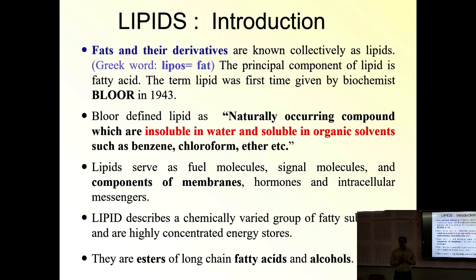During that period they defined these compounds as naturally occurring, insoluble in water and soluble in organic solvents. Now, what are the organic solvents? Benzene, chloroform, ether, petroleum ether. These come under the organic solvents.